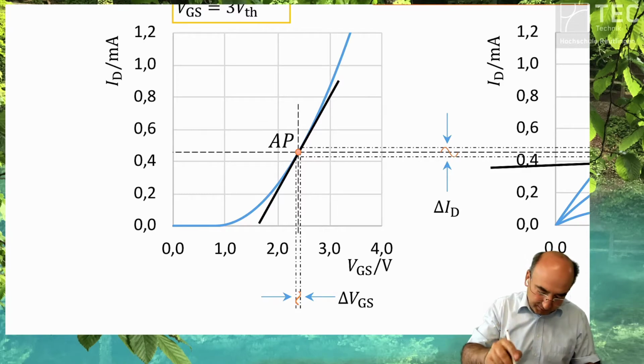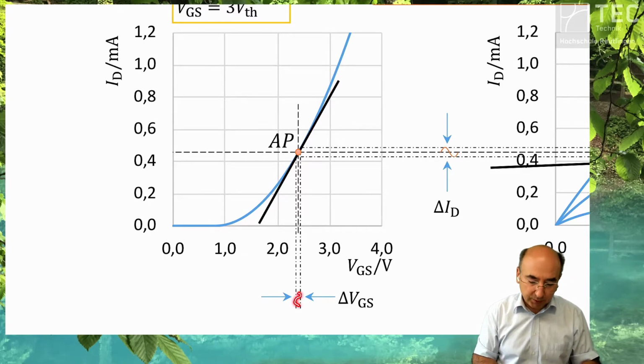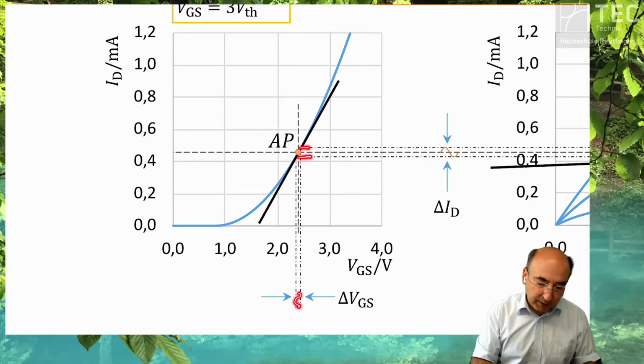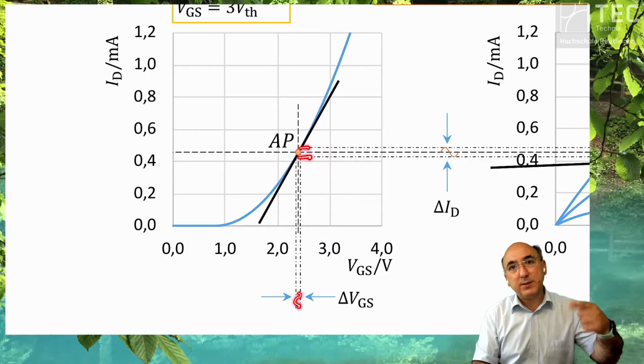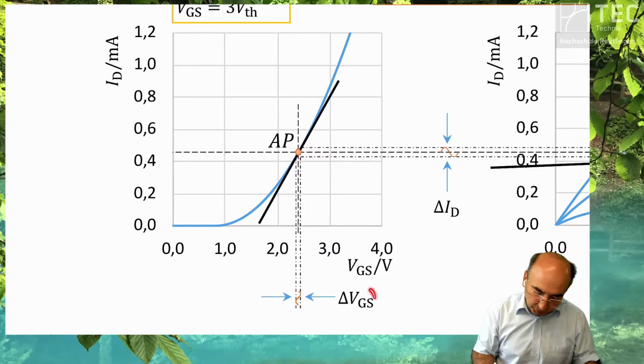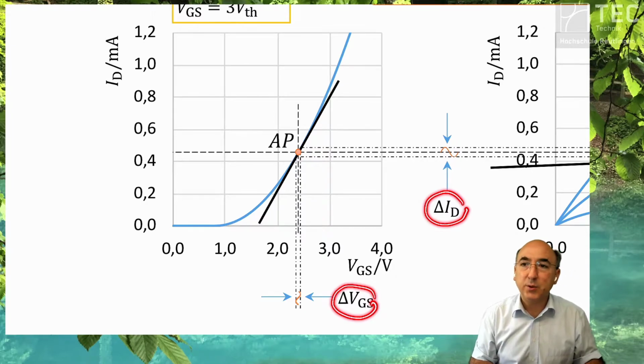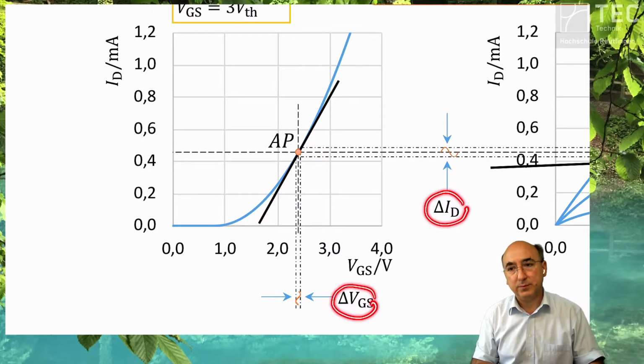What happens if you apply a change in the gate source voltage with the drain current? This translation from voltage to current is called transconductance.